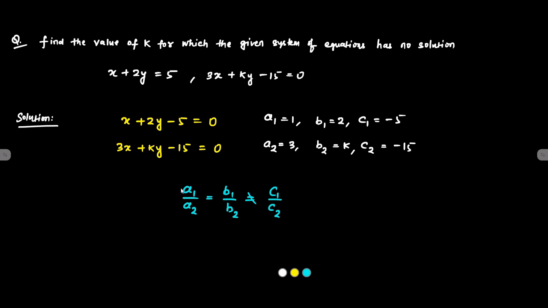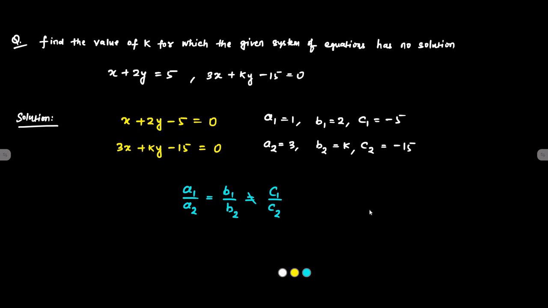This is the condition. a1/a2, which is the ratio of the coefficients of x, should be equal to the ratio of the coefficients of y, and both of them should not be equal to the ratio of the two constants.